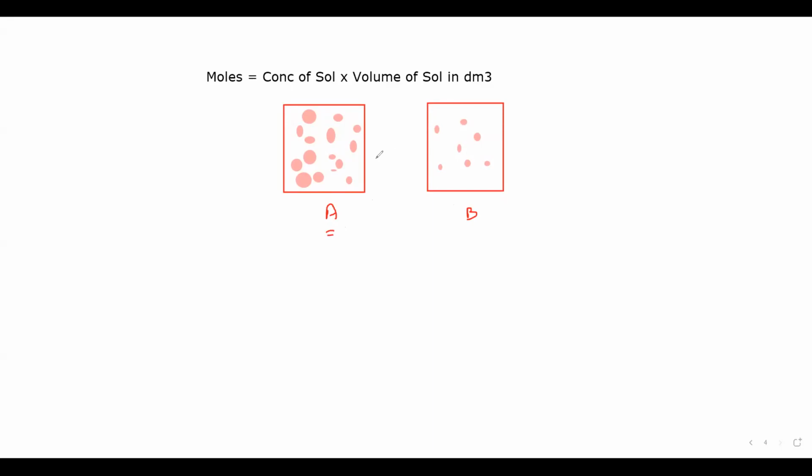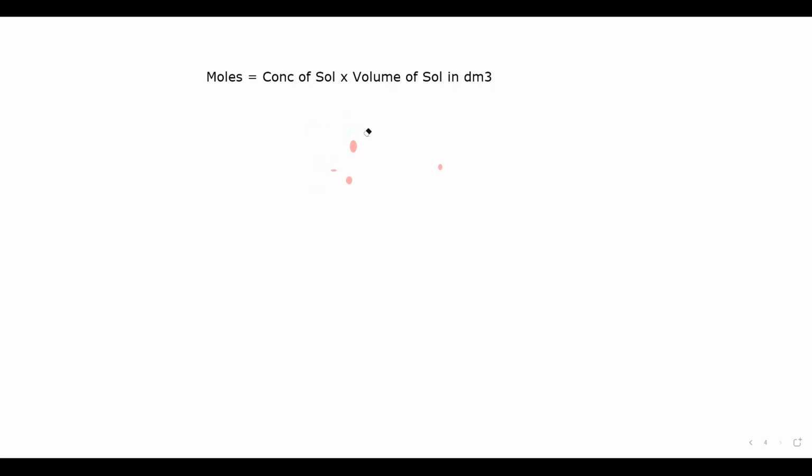And if I ask which substance has high concentration, it is A. The term concentration means how many particles are present in a unit space. So it has more particles, that's why it is high concentration. Fewer particles means low concentration. So concentration refers to the number of particles present in a unit space, and normally it is used for solutions.